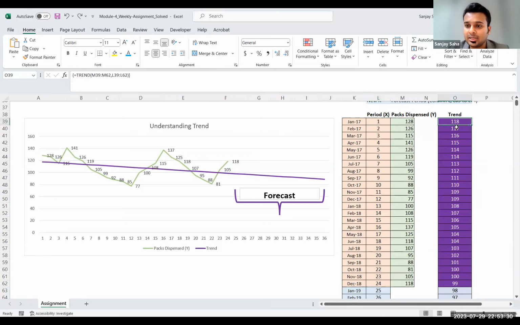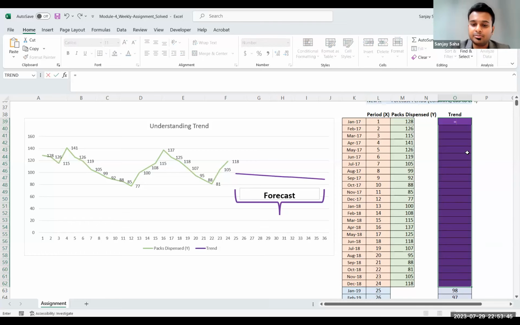To calculate the trend line, we select the entire area, just the way I've selected now. Then let me delete this so that it becomes easier for you to understand. We selected the entire thing. Then we put the trend function. So you see the trend function coming. We start the function, it first asks for known y's.